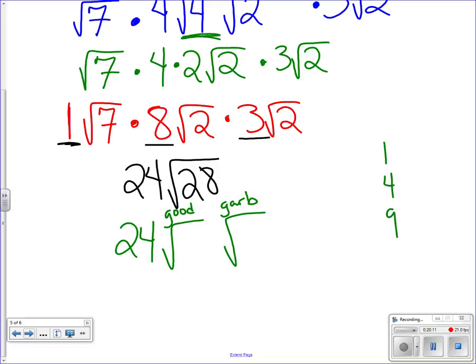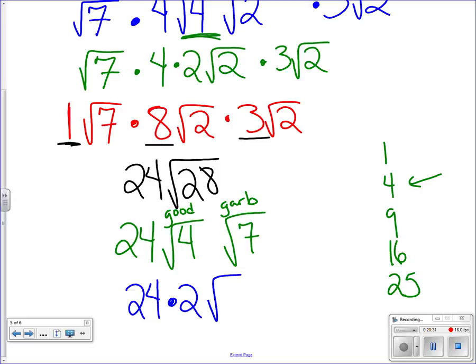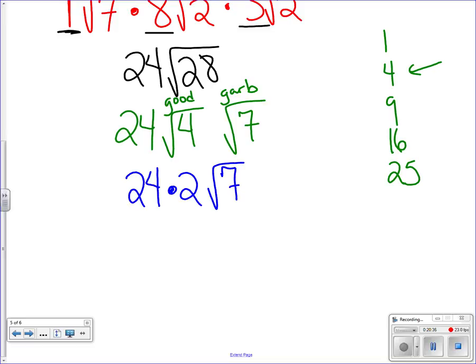So we're going to throw 4 in our good and 7 into our garbage. Now the square root of 4 just comes out to be 2. We just rewrite the garbage. And then you just multiply 24 times 2. So that just gives us 48. Beautiful thing, garbage just carries down. So that would actually be our solution, or most simplified version for this expression.